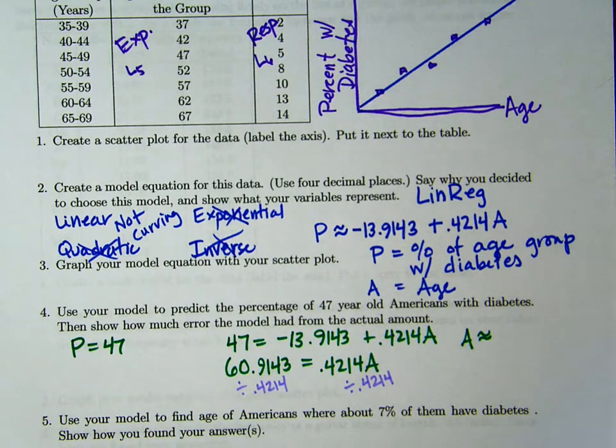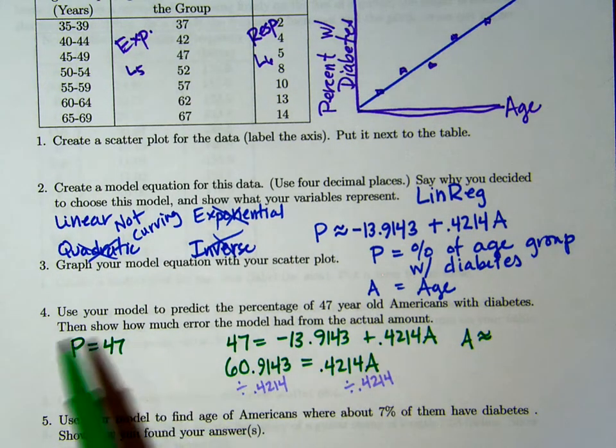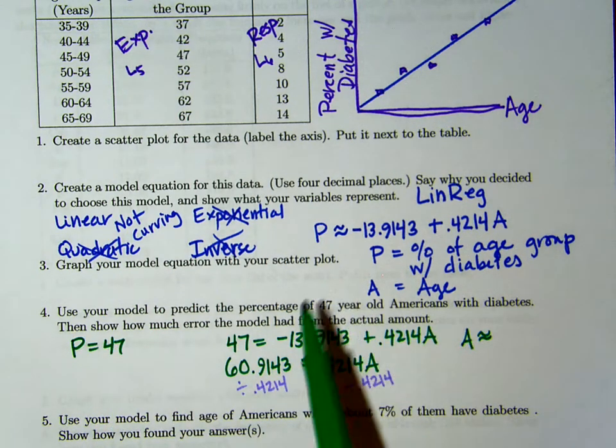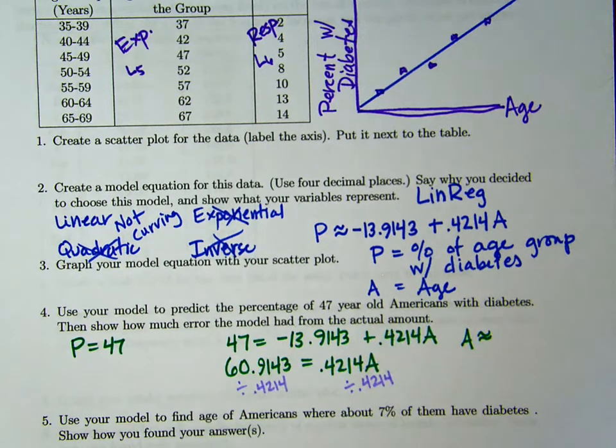I just realized that I said this was 47% and asked for the age, but this says 47-year-olds. Oh my gosh, it gave me the age. What kind of silly person am I?